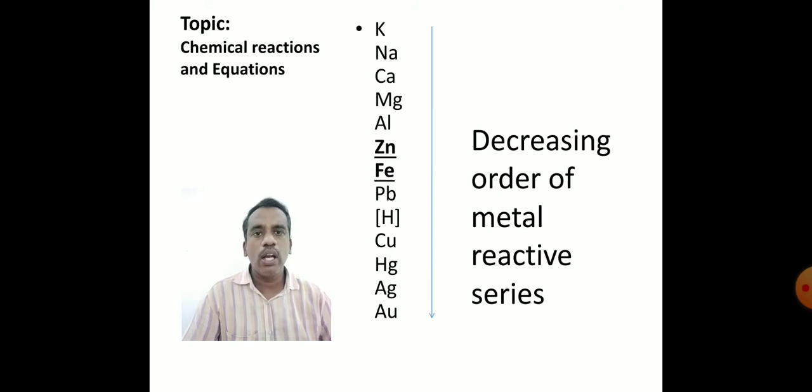This is what we call the sacrificial method of protecting one metal by another metal. Zinc sacrifices itself to prevent the iron from corroding. So the process of coating zinc over iron is what we have learned as galvanization.